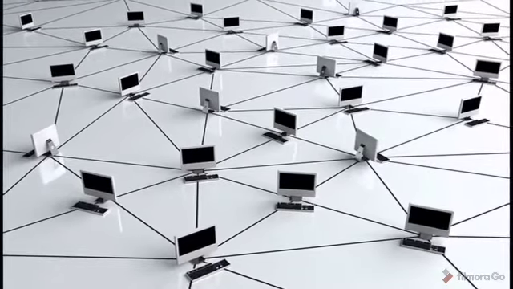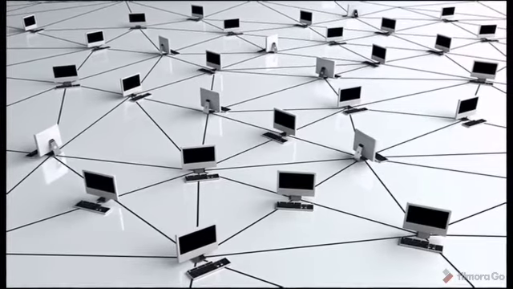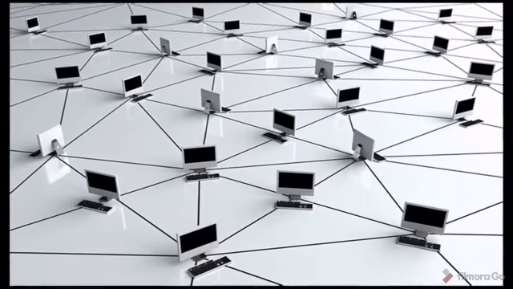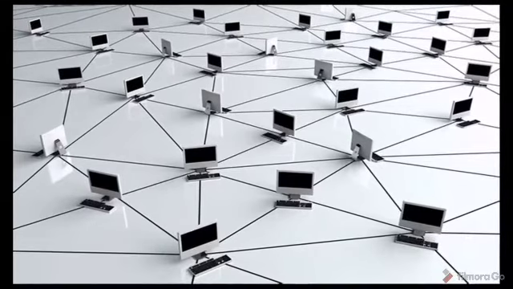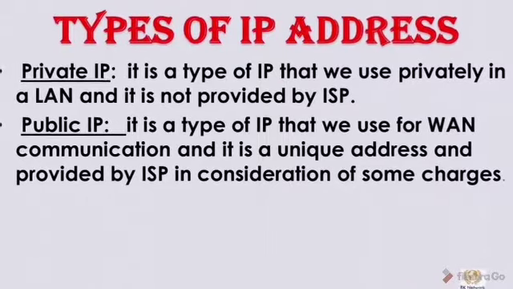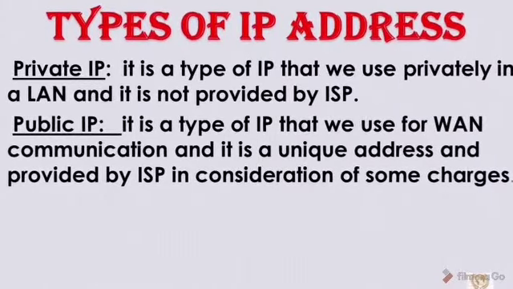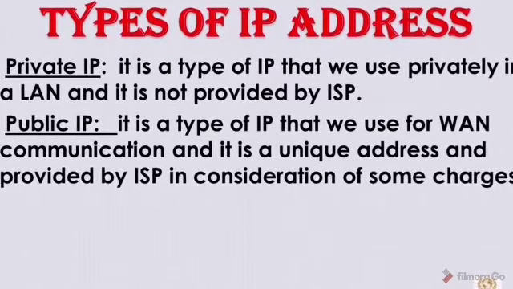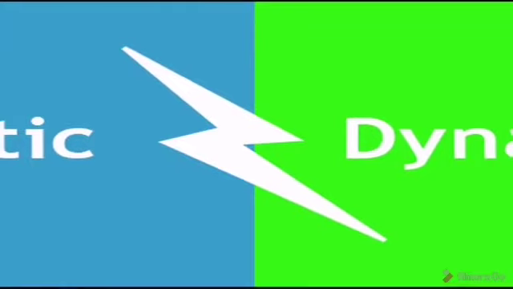While all IP addresses are made up of numbers or letters, not all addresses are used for the same purpose. They are used for different purposes: there are private IP addresses and public IP addresses, and these public and private IP addresses may be static or dynamic.